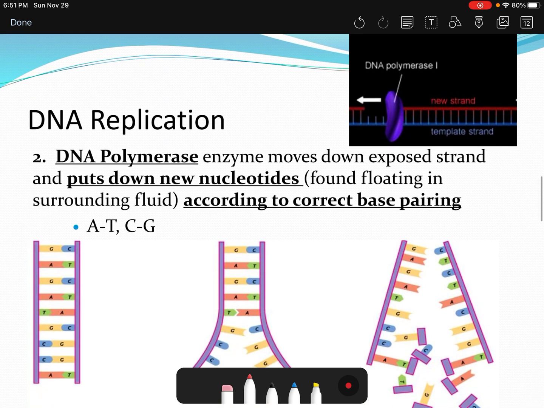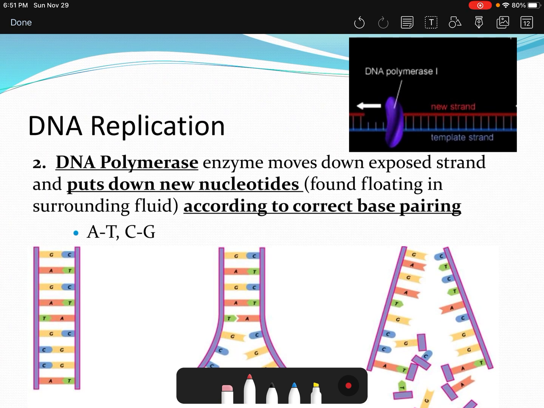The next thing that happens is another enzyme called DNA polymerase moves down the exposed strands and puts down new nucleotides. These are just kind of floating around in the nucleus, and it starts putting down those new nucleotides in a specific order according to the correct base pairing. Remember, I said you would have to remember how these bases pair up, A with T and C with G, because now DNA polymerase has to put down the correct base, the correct nucleotide, according to which base should be paired up with the open strand.